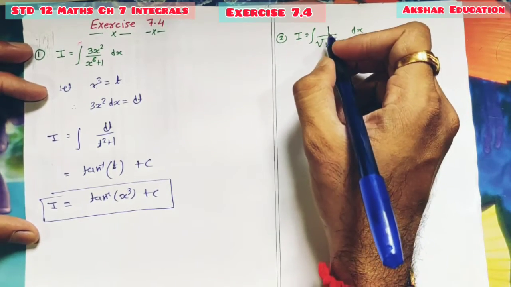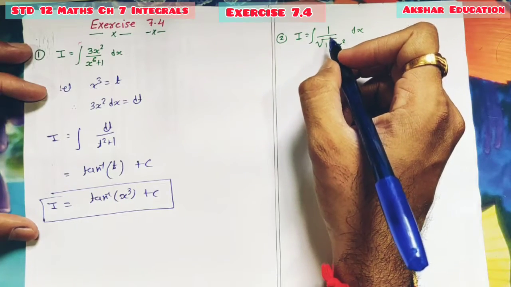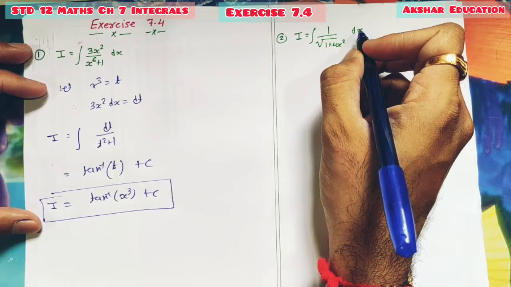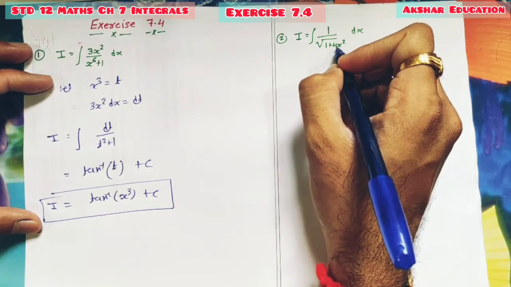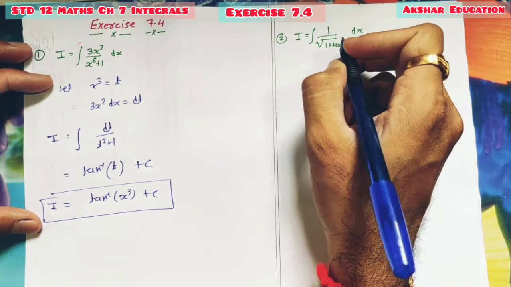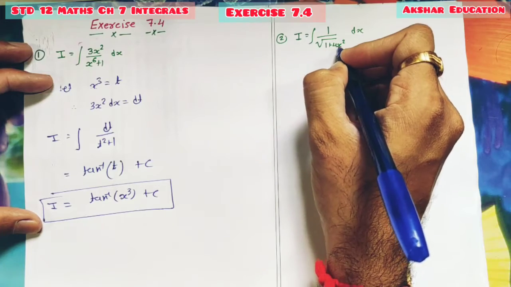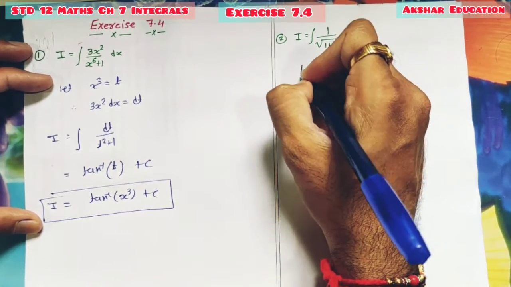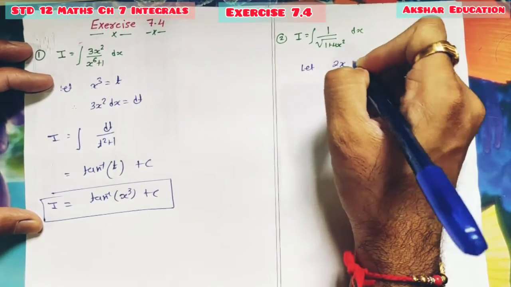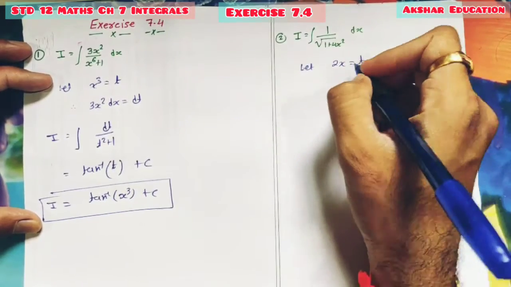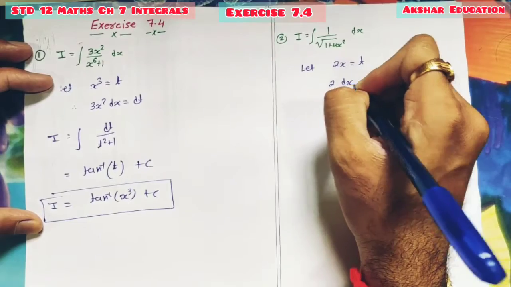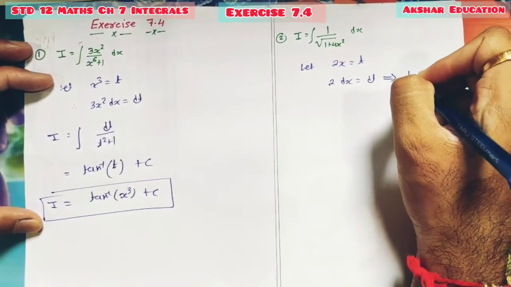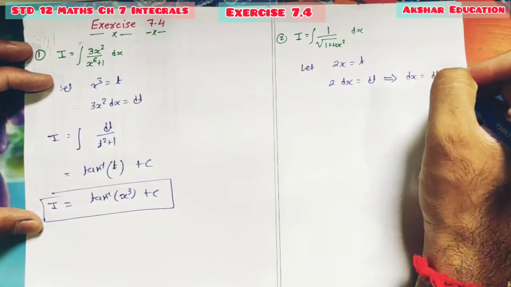Here we are given 1 upon square root of 1 plus 4x square dx. To convert this into our standard form, a square plus x square, we have to take 2x equal to t. So let 2x equal to t. Then 2 dx equals dt, so dx equals dt by 2.